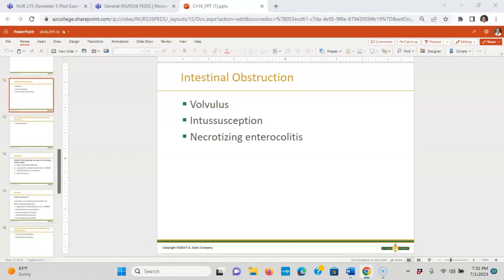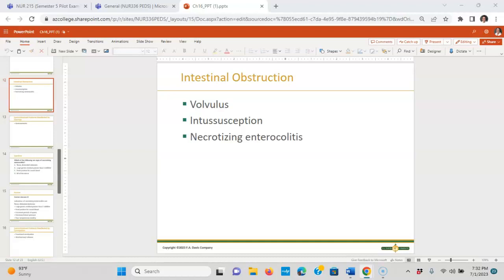So atresia means complete obstruction. Stenosis is an incomplete obstruction. Atresia occurs more often than stenosis, and it's usually with bilious vomiting, abdominal distension, failure to pass meconium, and jaundice. Okay?